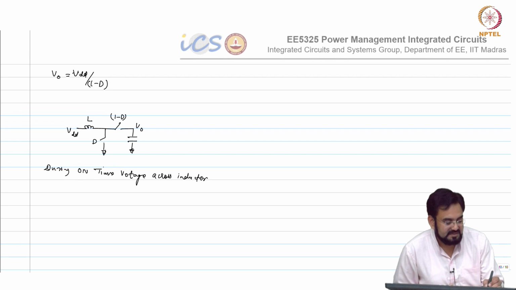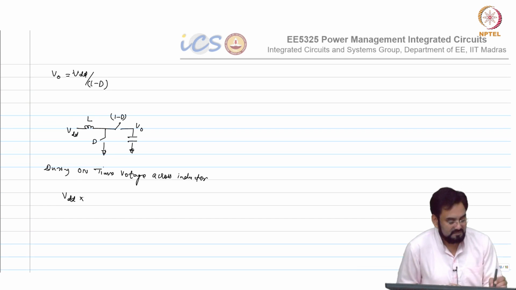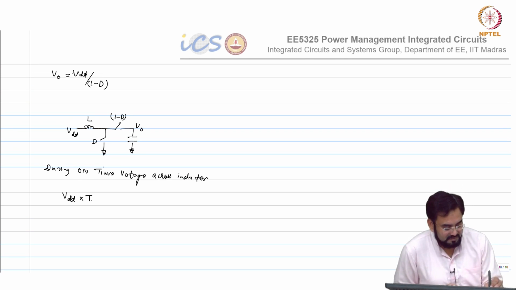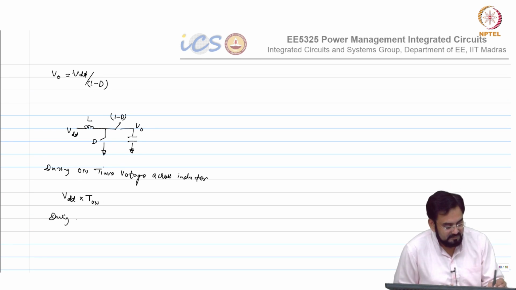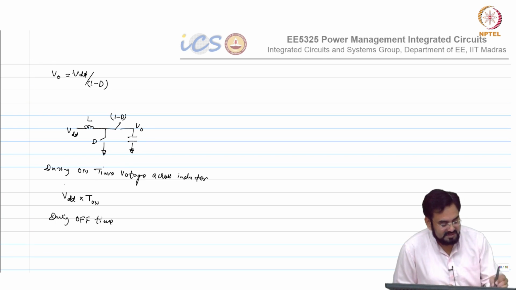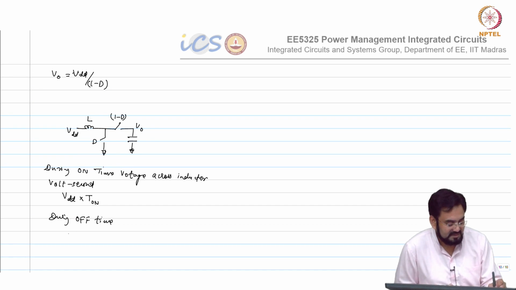So on time is this, VDD into T on, okay, and during off time, this is your volt second, volt second, okay. During off time, your volt second is how much?